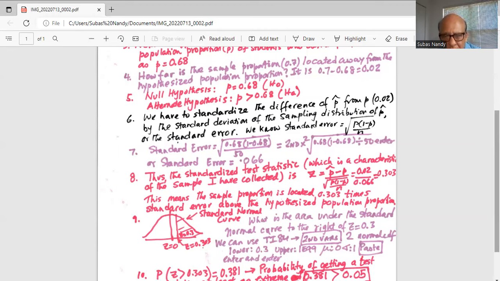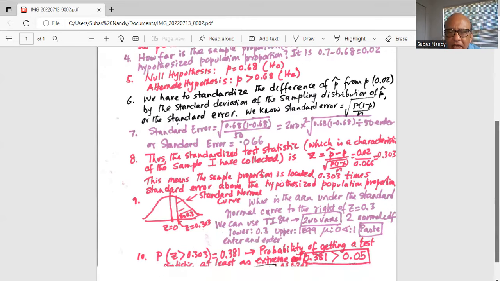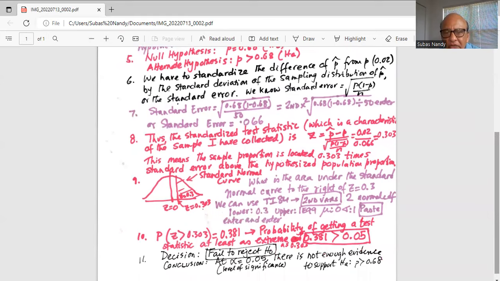So I first type in 1, then the second button, then the comma on top of 7, which gives me the small capital letter E, and I type in 99. Leave the mu as 0 and sigma as 1 because this is the standard normal curve. I bring the cursor on paste and hit enter and enter. Hence, I get the probability of Z greater than 0.303 as 0.381.